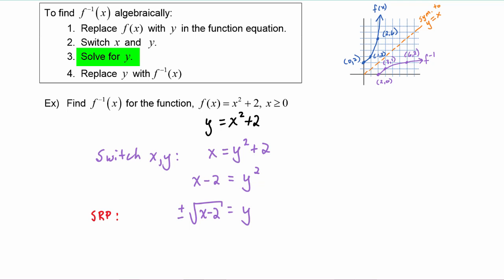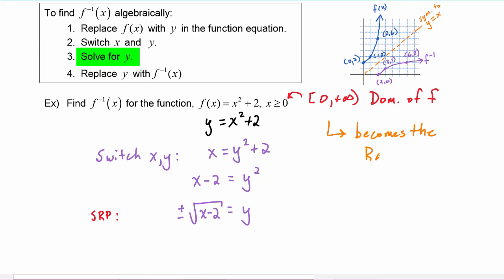But remember what we said happens to the domain and range. If the domain of f is 0 to infinity, right? That's what this is, 0 to infinity. That's the domain of f. That has to become the range of f inverse.